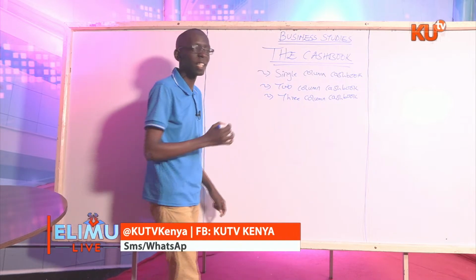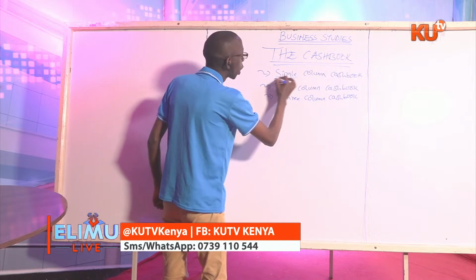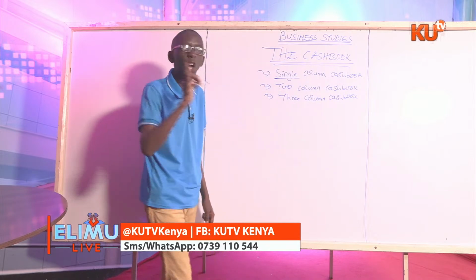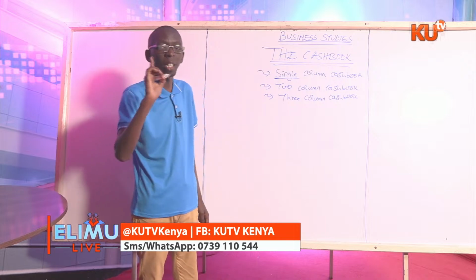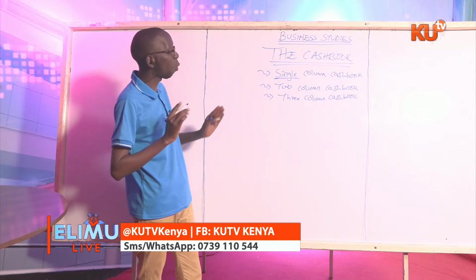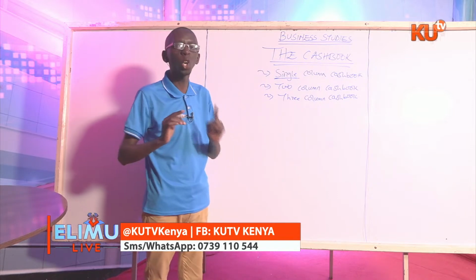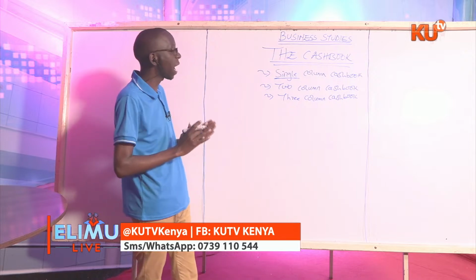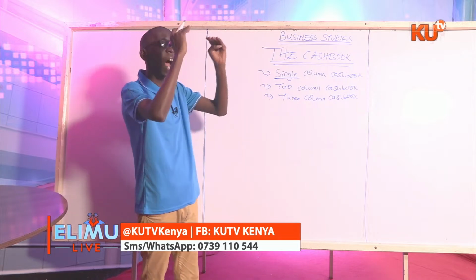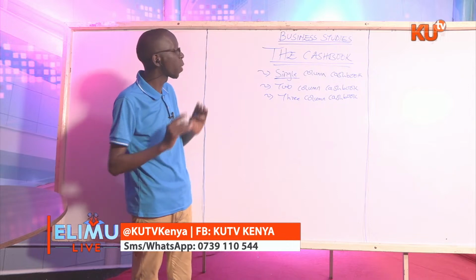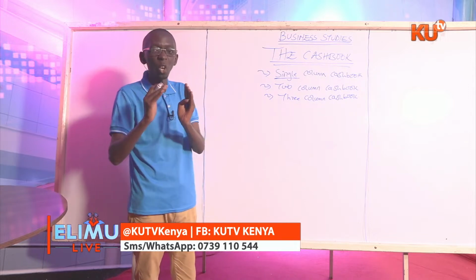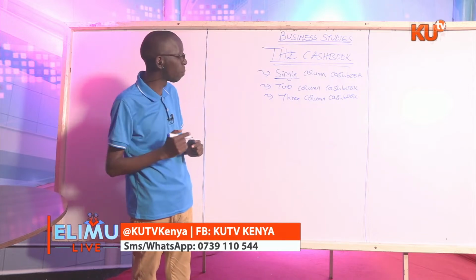We call this a single column cash book because it has only one column of the amount. So when preparing a single column cash book, we either prepare a cash account with only the amount of the cash, or a bank account with only the amount of the bank.